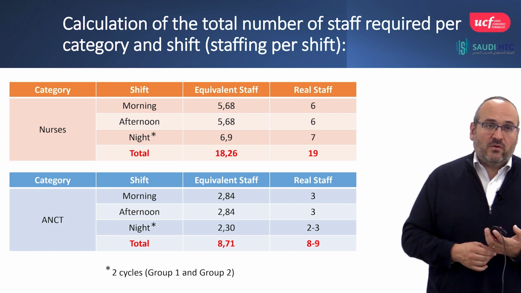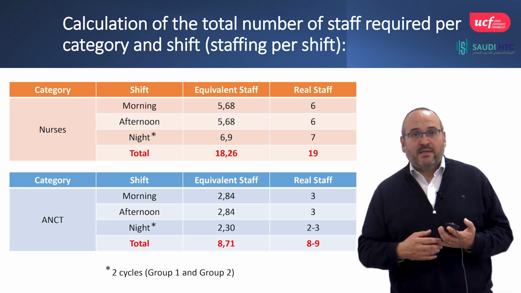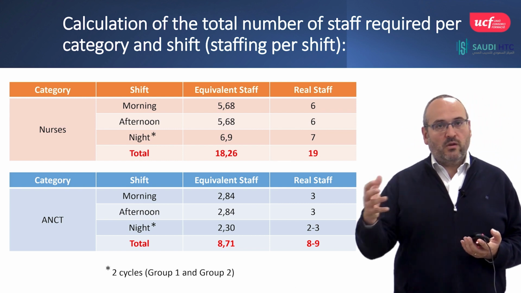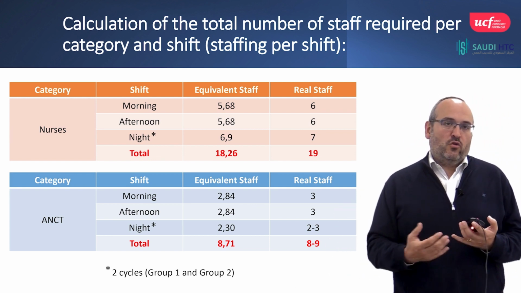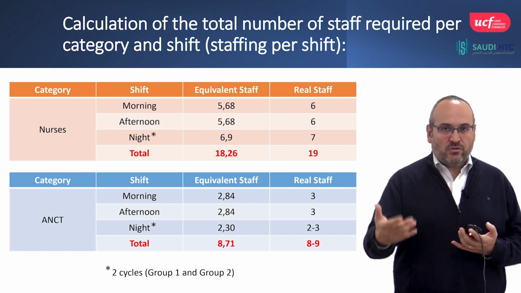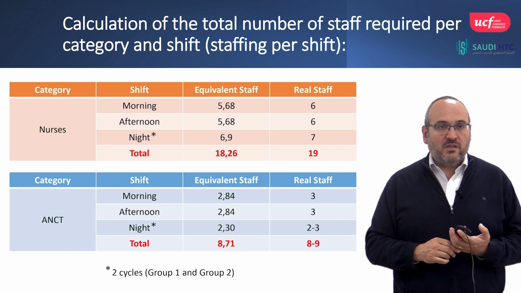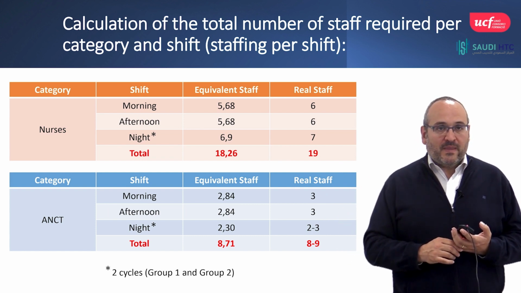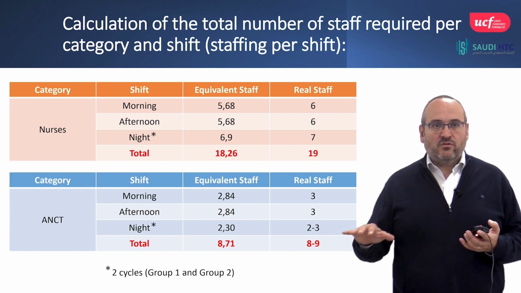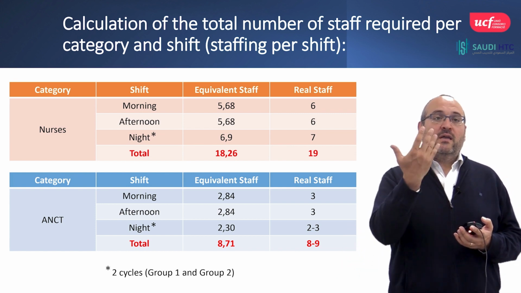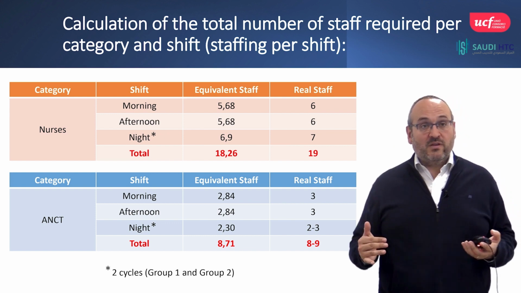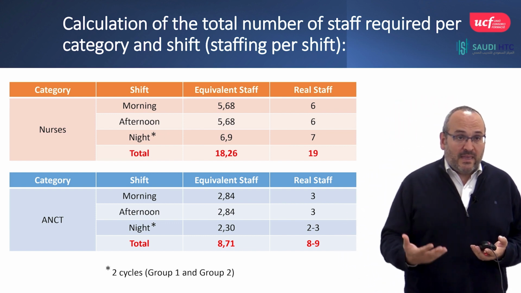The same thing happens in the afternoon and the same thing happens at night, taking into account the peculiarity that night shifts are always divided into two work teams or two cycles, Group 1 and Group 2, because there is no work shift in which all the nights are worked. We will see below different options for the organization of work in the night shift, but in all cases, we always talk about two different cycles.